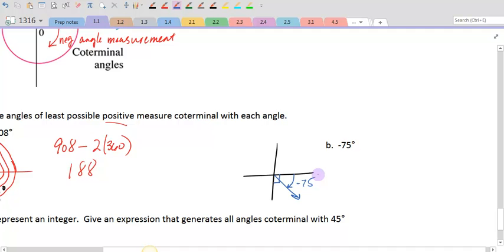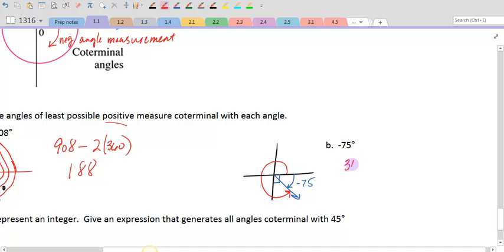But I'm being asked to give back a positive measure that's coterminal with this. So in other words, I want to know what this value is moving in the positive direction. So how would I figure that out? Well, if I know that an entire revolution is 360, I want to subtract off the blue portion.